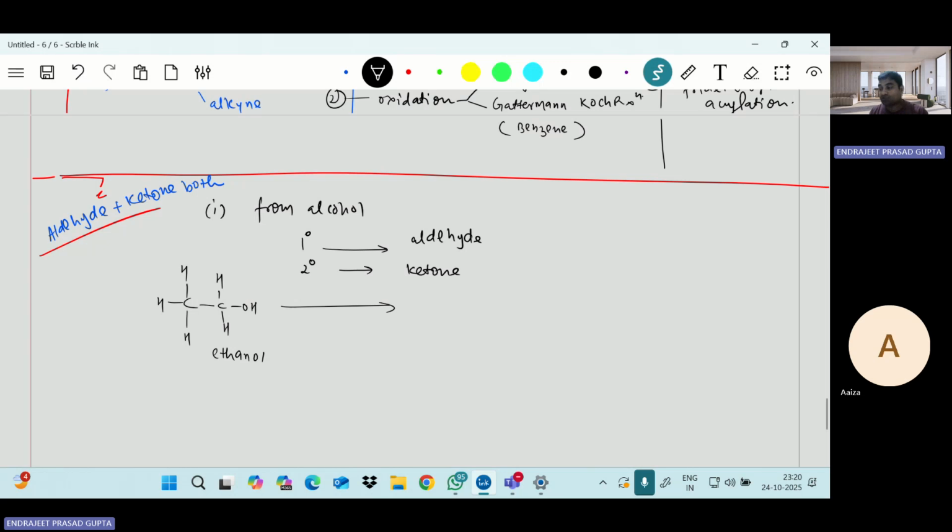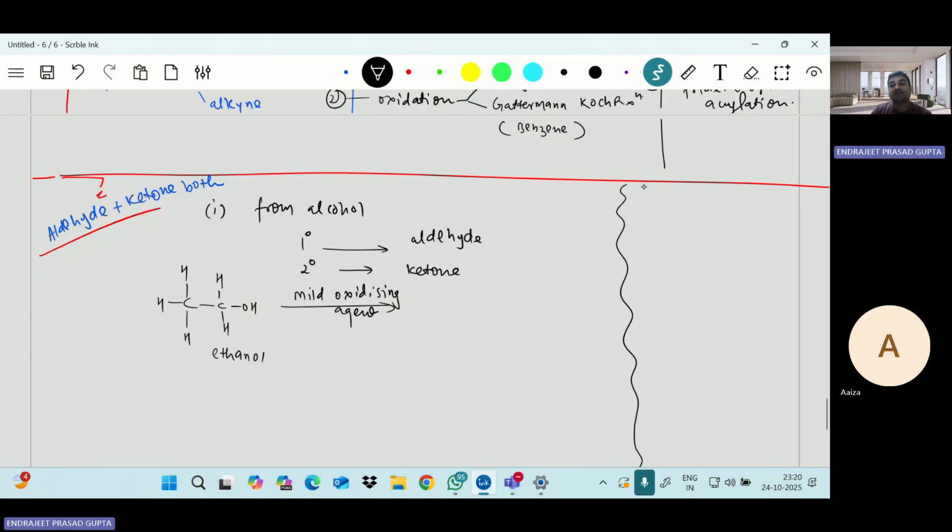Don't take a strong oxidizing agent, otherwise you will get carboxylic acid as the final product. Mild oxidizing agent can be used. If you are taking potassium dichromate, it should be very diluted, not concentrated, or PDC, PCC, copper, and many more. Jones reagent. Here, let me write.